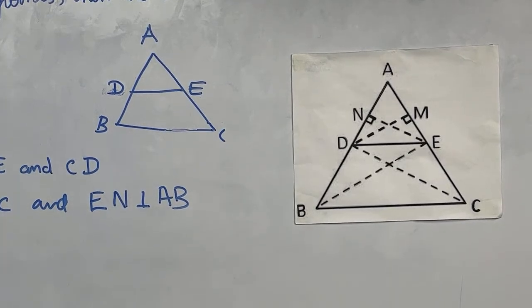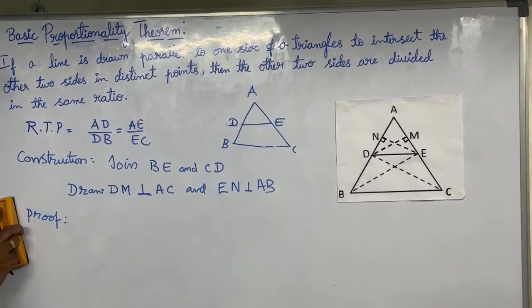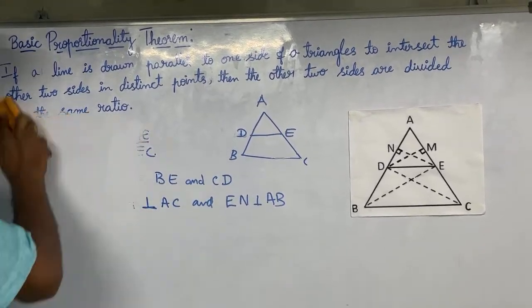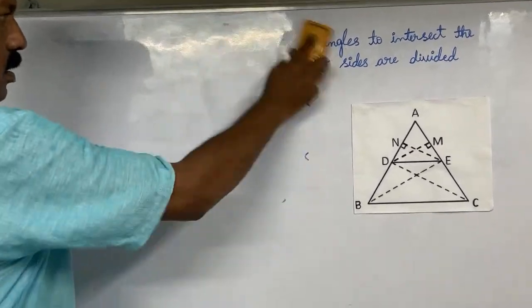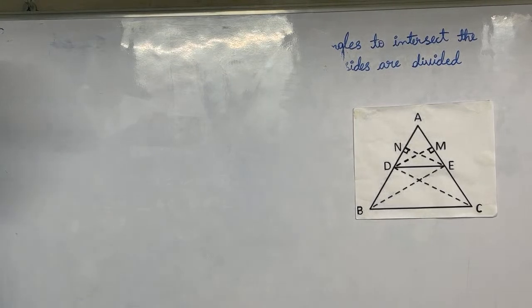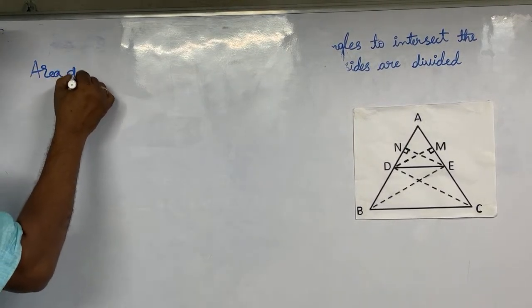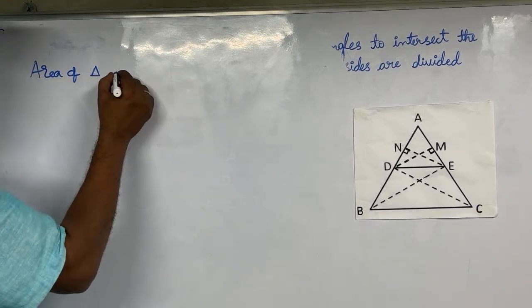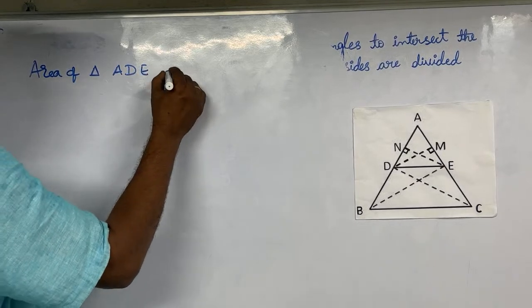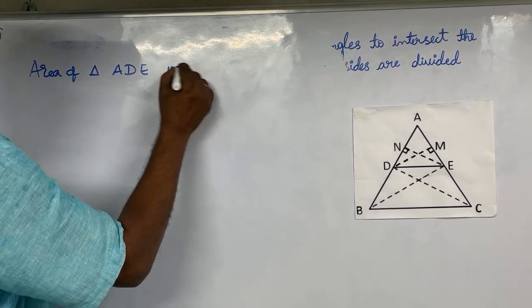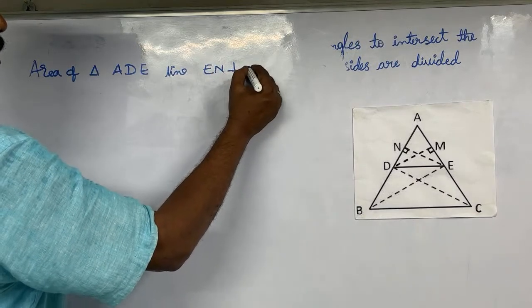So now, first, the area of the triangle ADE, where line EN is perpendicular to AB.